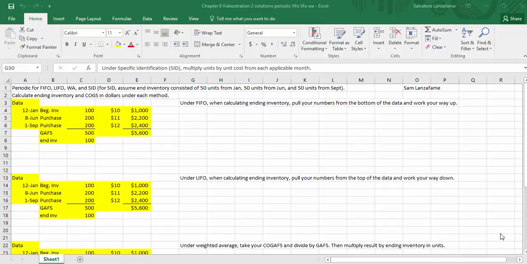The reason being is that most companies are utilizing one of these techniques to better aid them in reducing their income taxes. So if you can find a technique out of these four that will increase the amount of expense or write-off that a company takes, oftentimes the company will take that route.